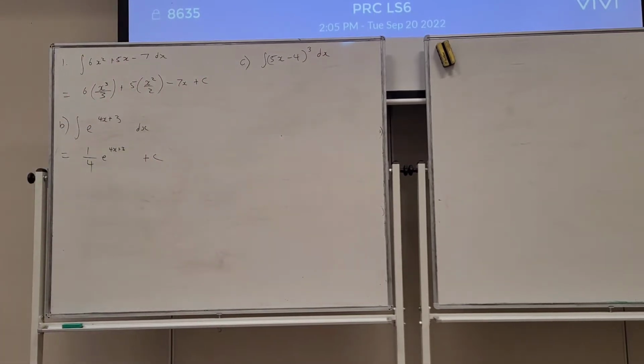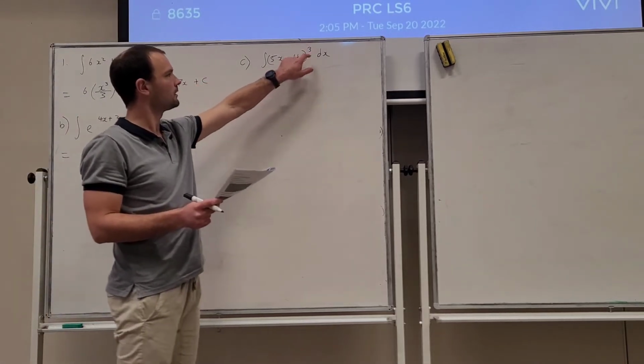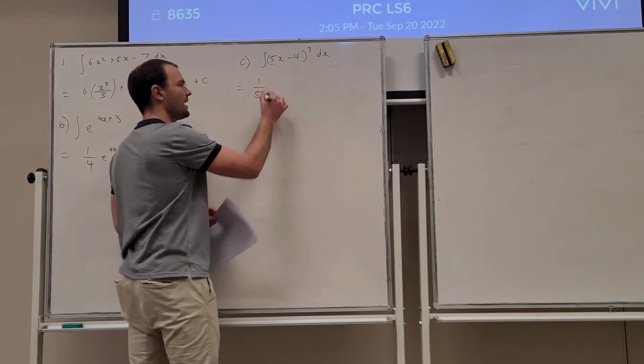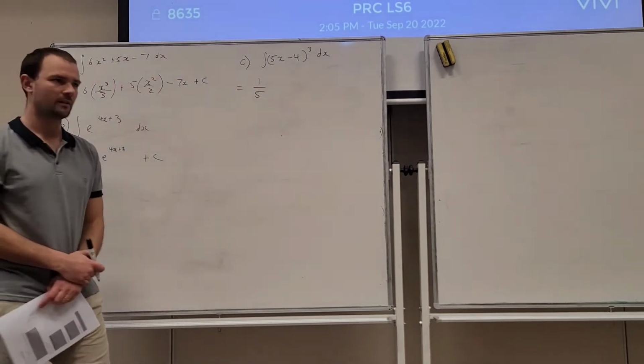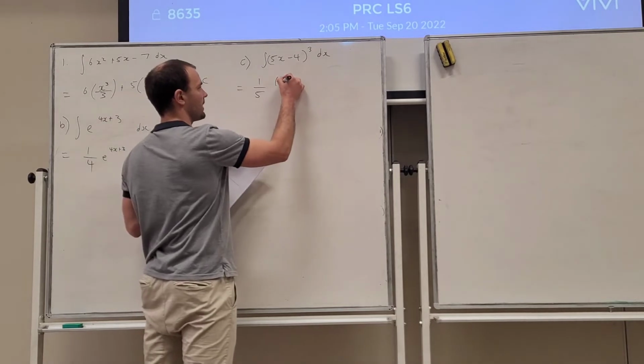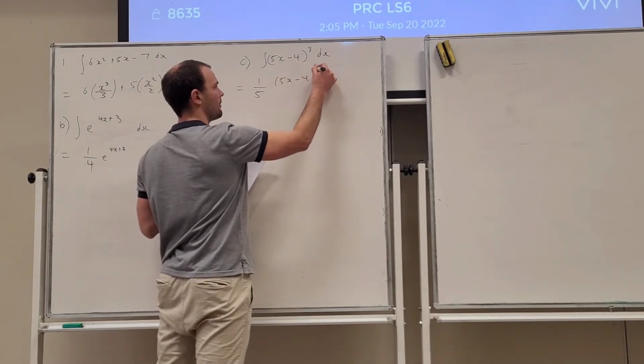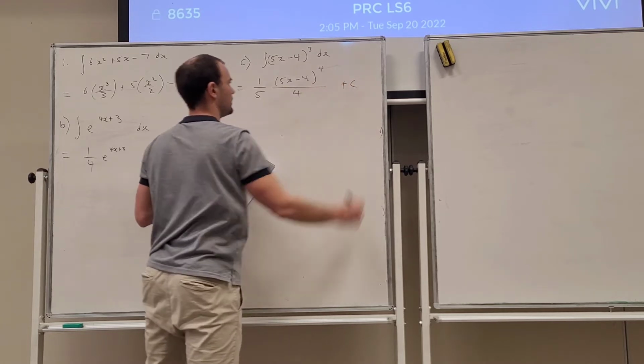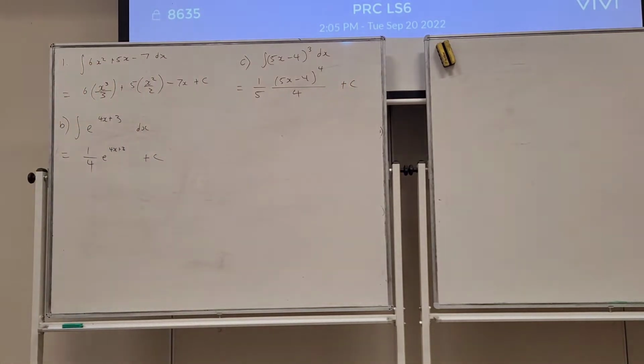Next, 5x take 4 to the power of 3, so this is ax plus b to the power of n. Just using the rules, we're going to have 1 on top of a, that's the coefficient of x, and then we have ax plus b to the power of n plus 1, on top of n plus 1, and then plus c.